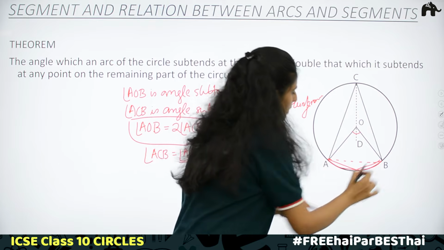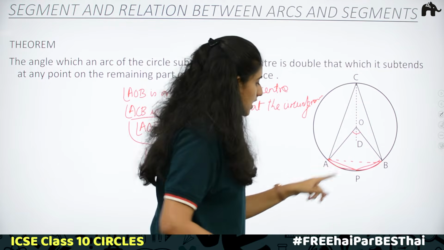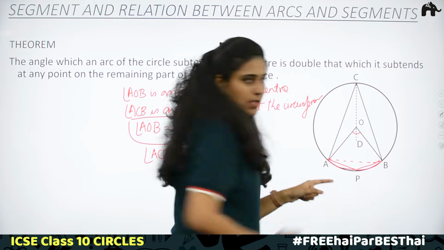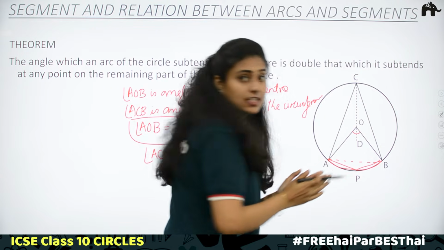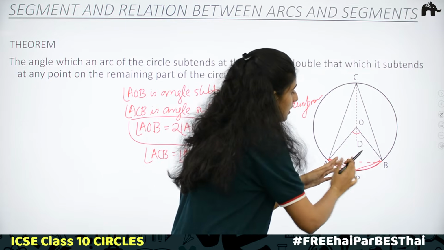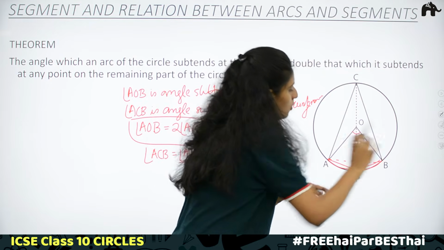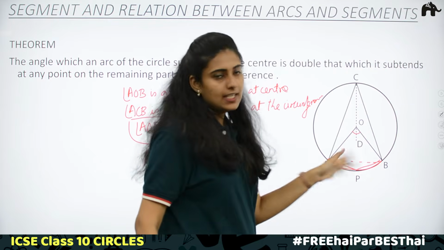What about APB? APB is an angle subtended in the minor segment. APB is larger; the angle APB is more than the angle AOB. About this we will be discussing later.